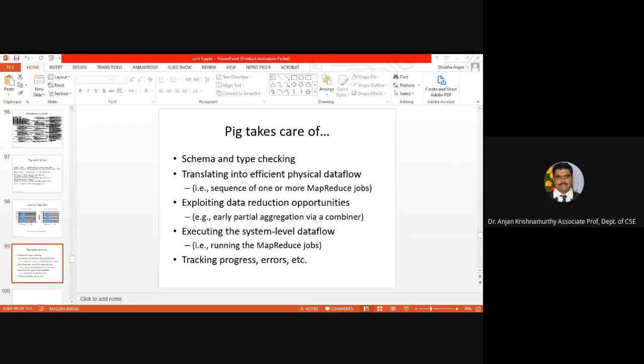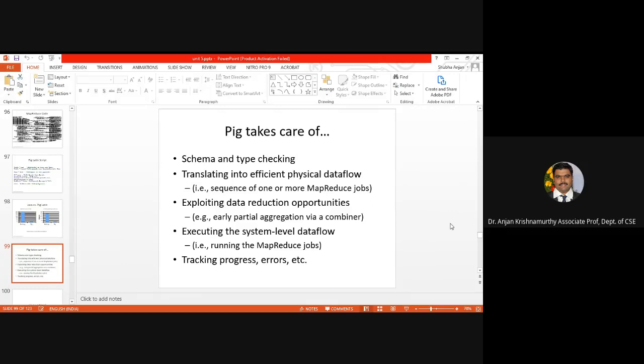So there are so many things which are supposed to be internally taken care of. This internal taking care of is done by Pig Latin without extra coding effort required for it. That is another important advantage which you can observe in a Pig Latin kind of system, when compared with any other systems, right?